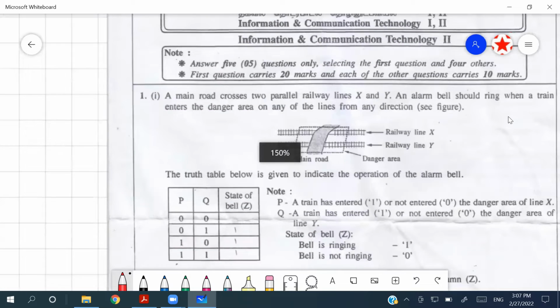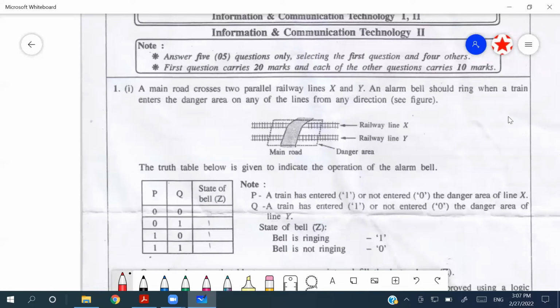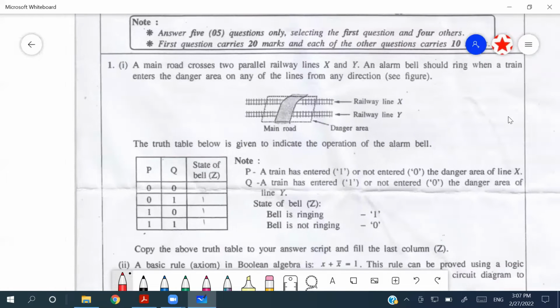So here in my copy, you got the answer, right? The question says if any particular train enters the danger area either in railway X or in railway Y, they are going to ring the bell. So here, in this case, line Y has a train entered in the danger area.